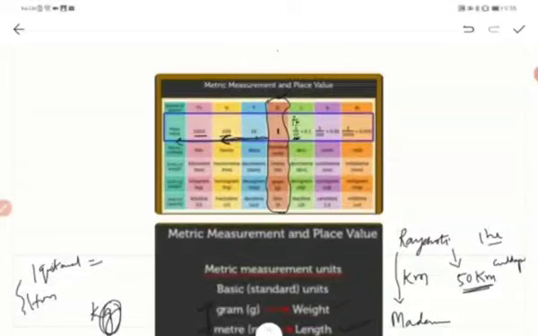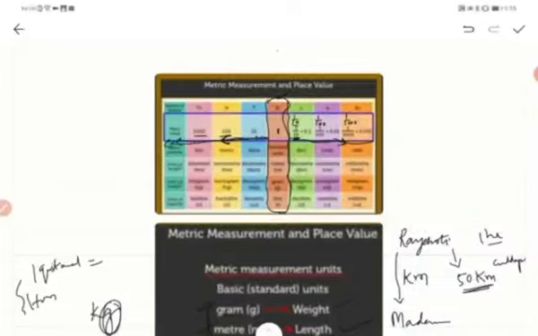And again here it is divided by 1 by 10 into 10, that is 100, and 100 into 10, it is 1,000. So in this way, moving from the standard units to the right side, it is dividing by 10. Here it is multiplying by 10.